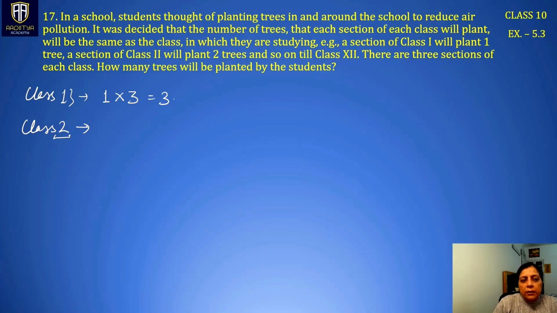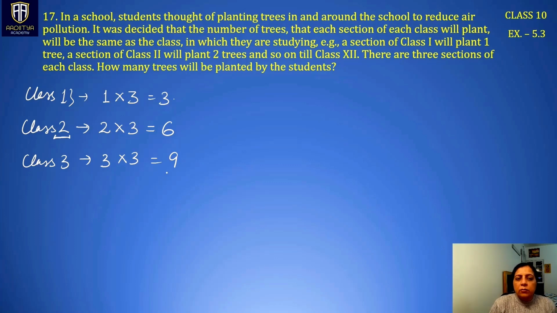Since the number of class 2 is 2, one section will plant 2 trees. And since we have 3 sections, total trees planted by class 2 will be 6. Similarly, class 3 has got 3 sections and one section will plant 3 trees. So this becomes 9. Total number of trees planted by class 3 will be 9, and this way we can calculate up to class 12.